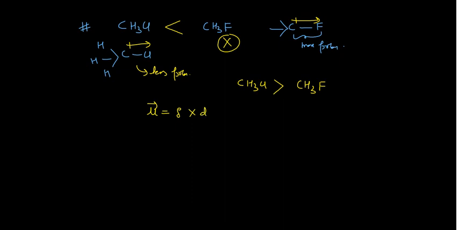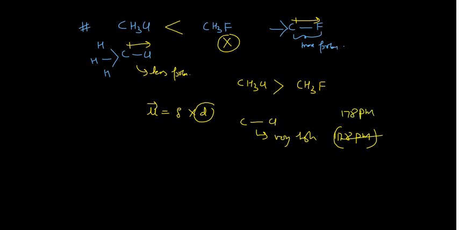In that case, the carbon-chlorine bond length is very high, somewhere around 178 picometer, while the carbon-fluorine bond has the lower bond length, which is 139 picometer.